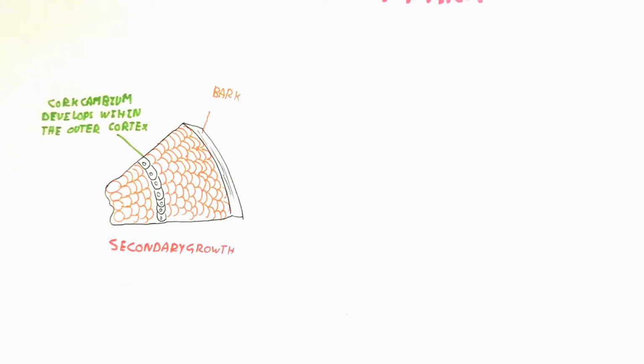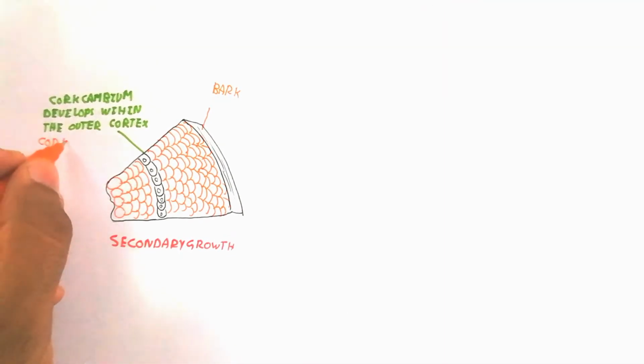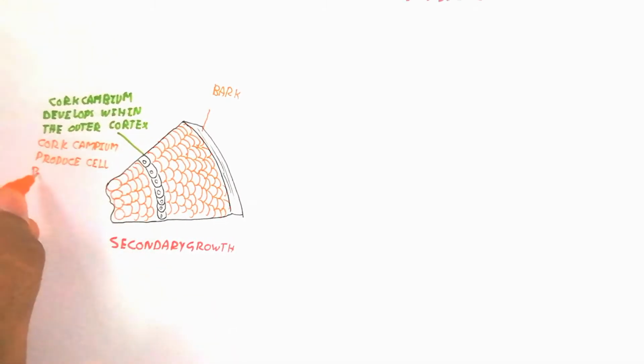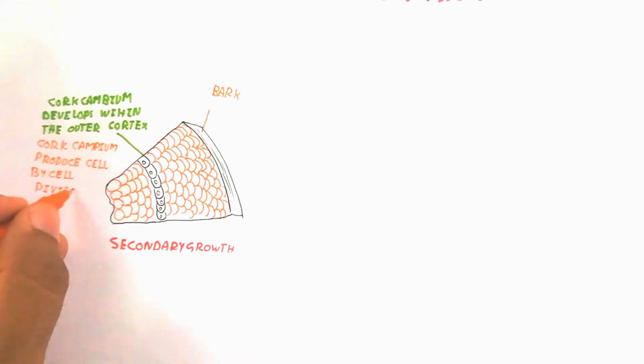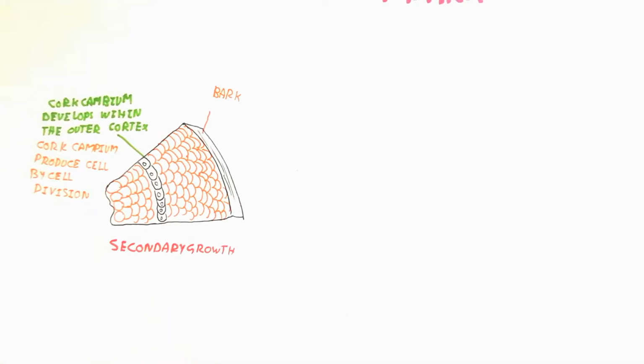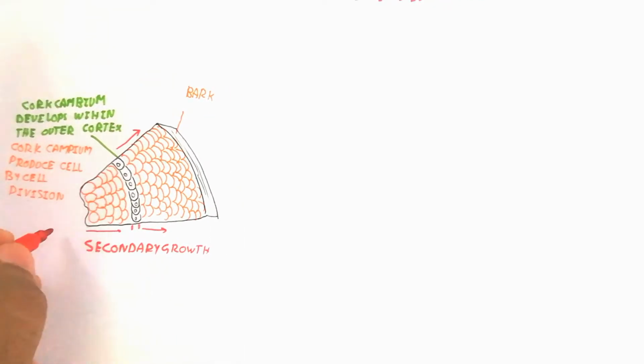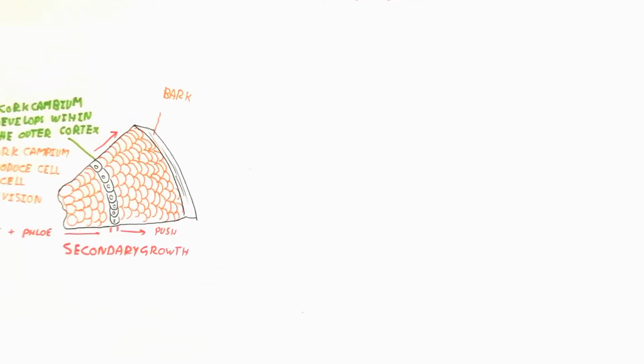The outer cortex is living and has the tendency to reproduce, that is, cell division. Cell division by mitosis will occur, and bark cells will be produced that later on will be dead. Here is the phloem and xylem.